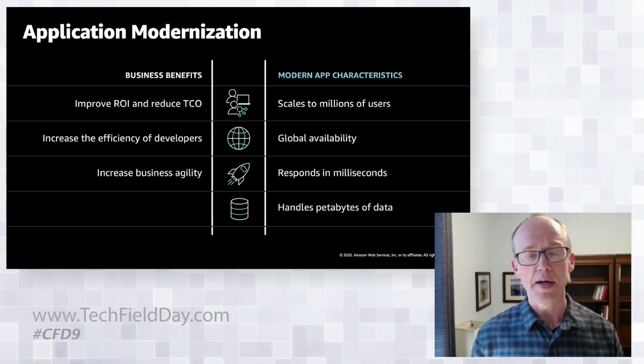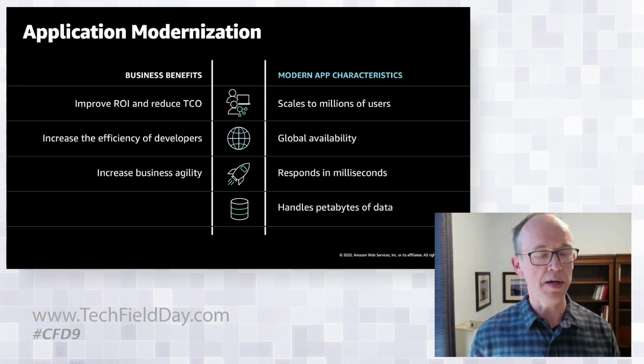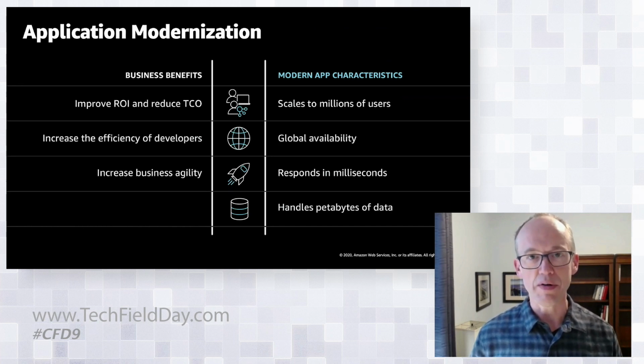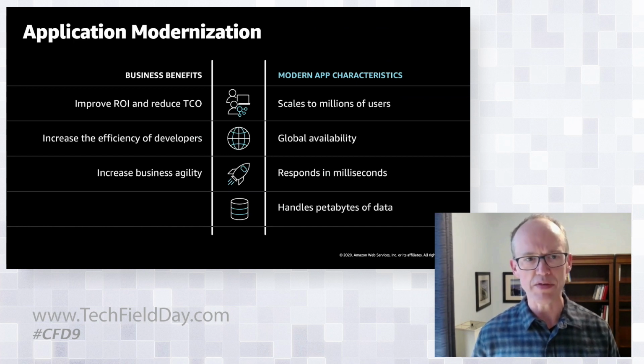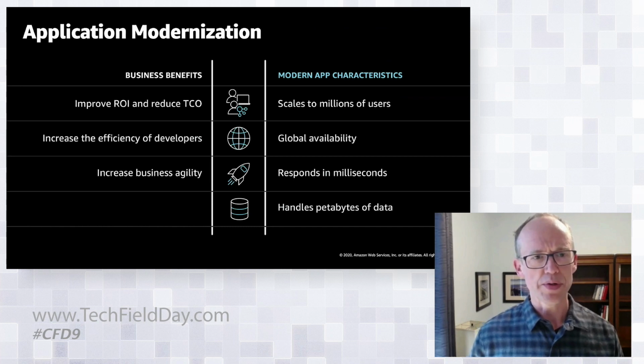It's paying for your staff working on all of the things that they're trying to do. And the more that you can make your developers efficient, the better you can make your business agility, the faster you can turn around improvements, the better you can compete in the market, and the more successful you can be as a business.